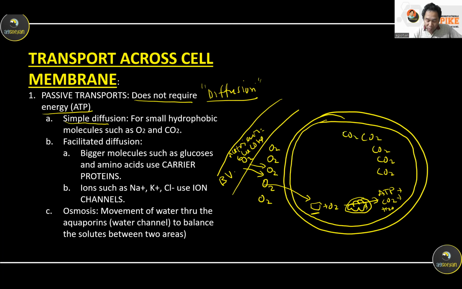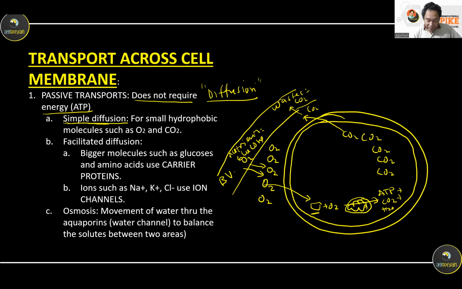Therefore, carbon dioxide will go out from the cell easily, and it will go to the blood vessel, and be carried by the blood vessel as a waste material. It will be carried into our lungs to be exhaled later. And carbon dioxide also uses the simple diffusion type of transport.